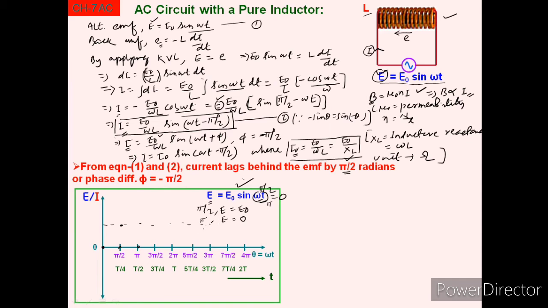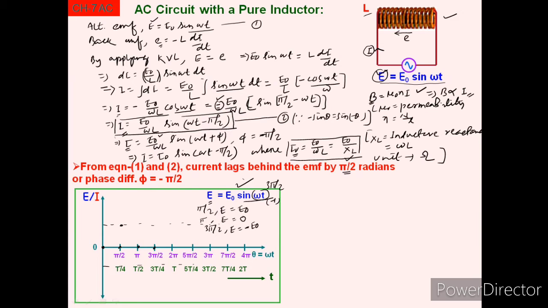Next, when you put 3 pi by 2 in place of omega t, we know sin 3 pi by 2 is minus 1, so the EMF value is minus E naught, which means at 3 pi by 2 the electromotive force is at its maximum value in the reverse direction.